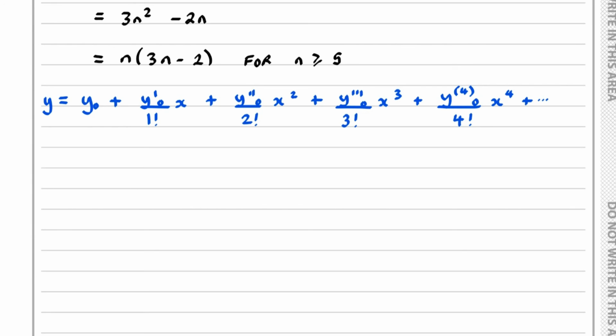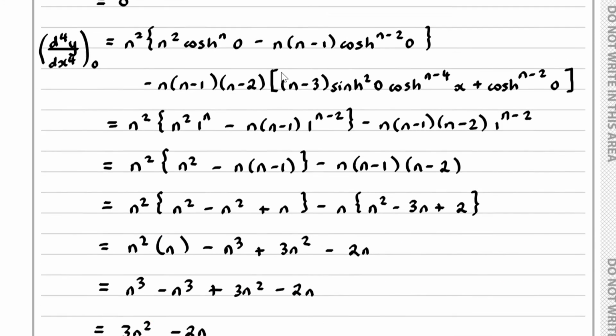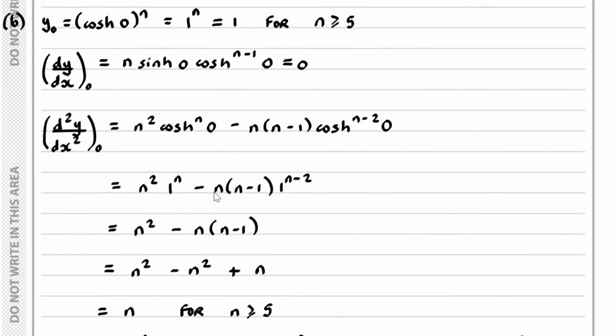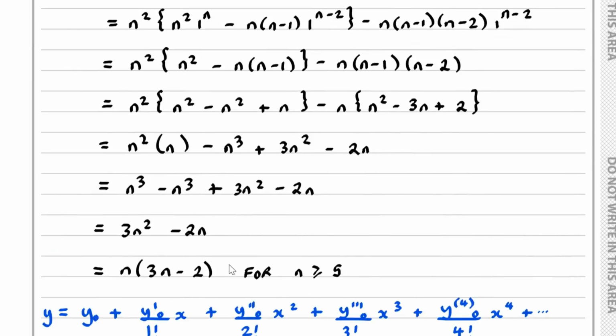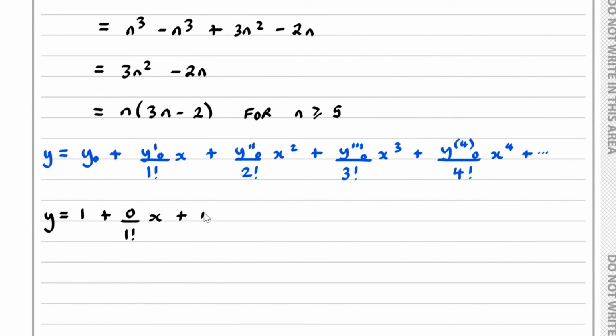Now I know what each of these are. y when x is 0 is 1, plus 0 over 1 factorial times x, plus the second derivative, which I worked out to be n, so I add on n over 2 factorial times x squared.